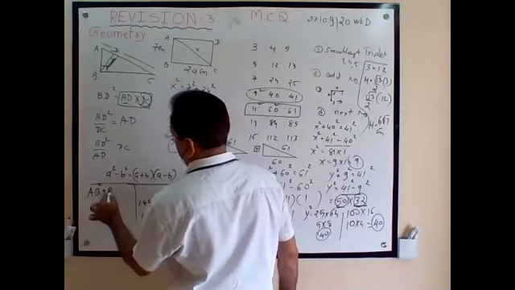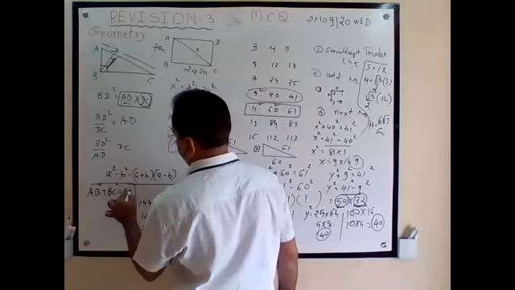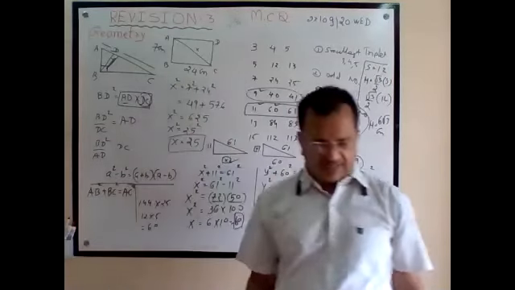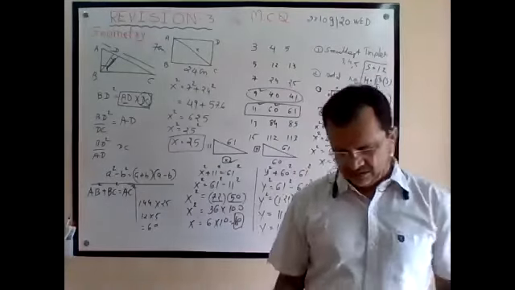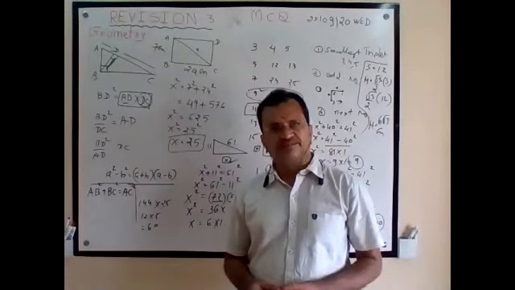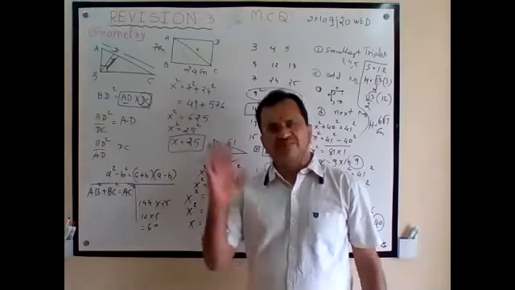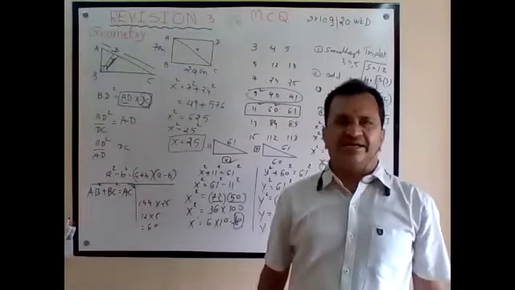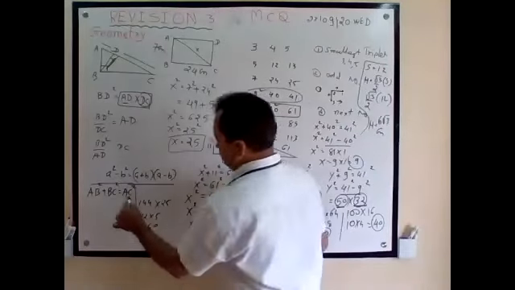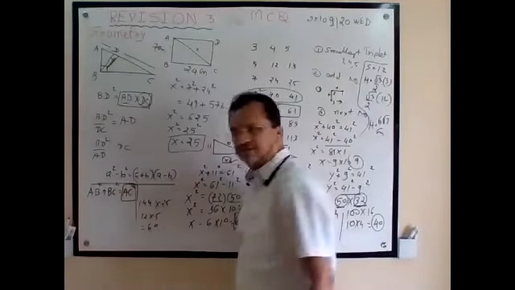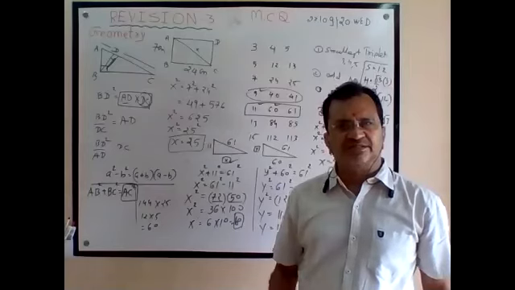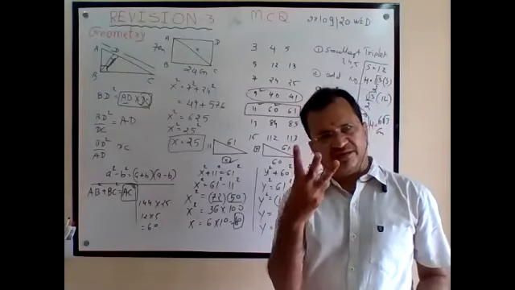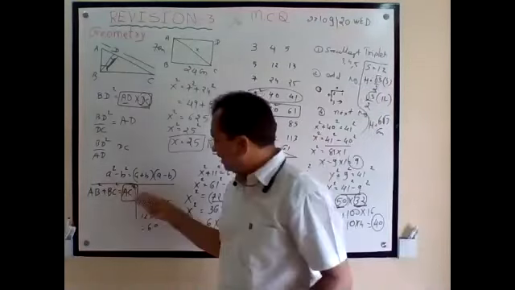AB square plus BC square is equal to AC square. It is given in triangle ABC. Which angle is 90 degrees? So this is the hypotenuse. In a triangle there are three alphabets. So which alphabets have they used?